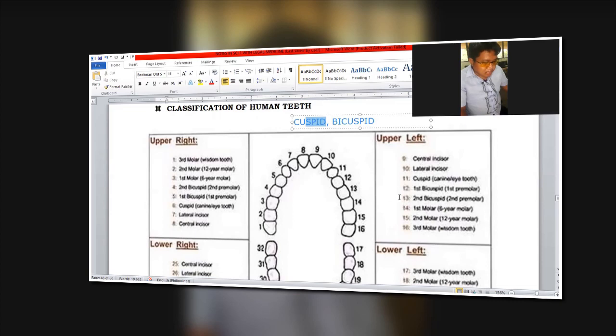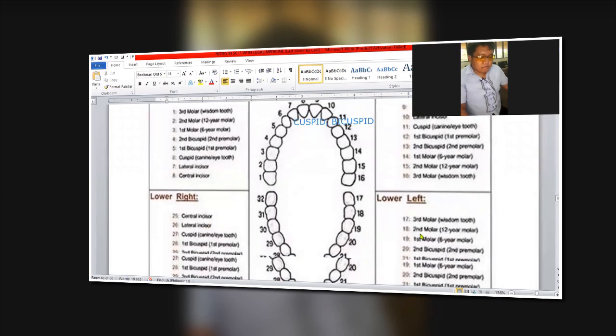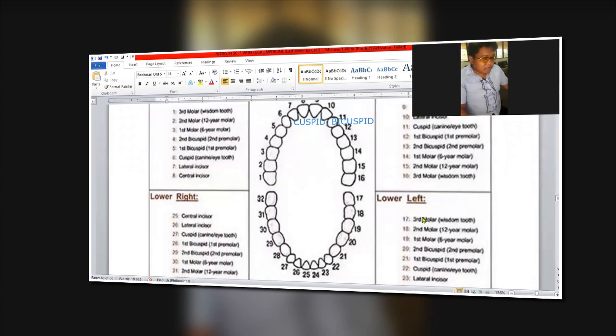Then 13, tooth is upper left. So pag sasagot kayo in quizzes, kailangang i-indicate ninyo kung upper left yan, or upper right, lower right, or lower left. Okay? So do not forget that. Number 14, that is first molar. Number 15, that is second molar. Number 16, that is third molar. Okay, so let us proceed to tooth number 17.